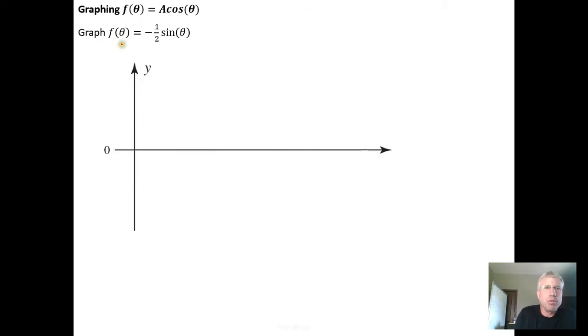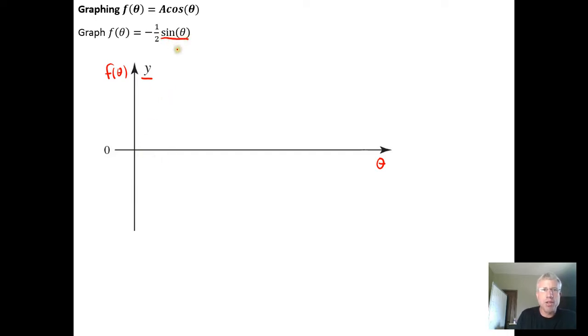So now we're going to graph f of theta equals negative 1/2 sine theta. Again, this time y would be an appropriate label because these are the y coordinates, or label this axis with its function name f of theta, and we know this is the theta axis. So the sine function, think about what the toolbox function looks like.